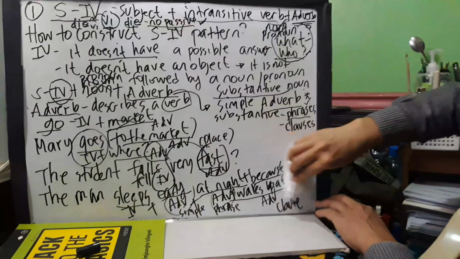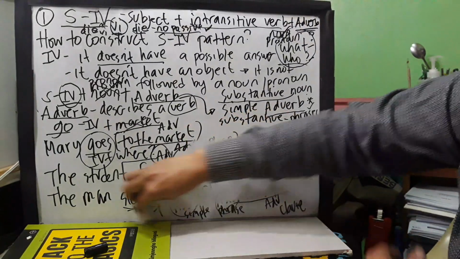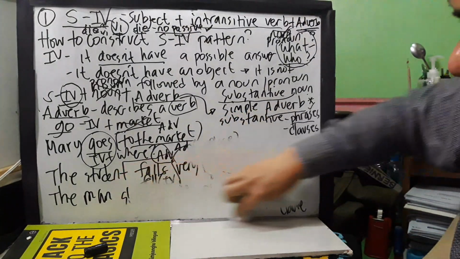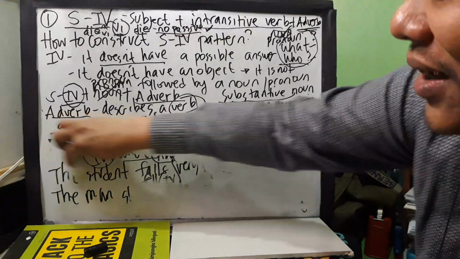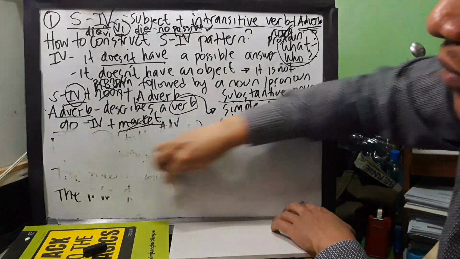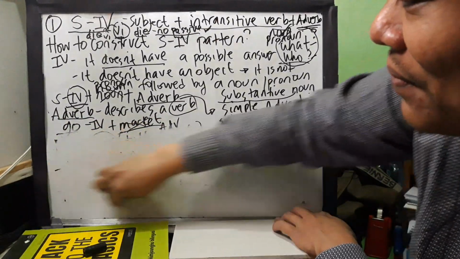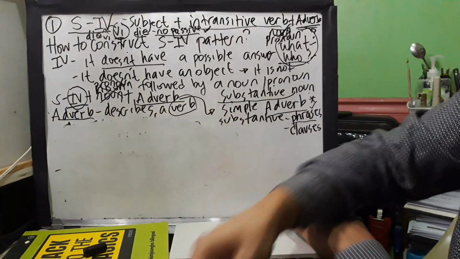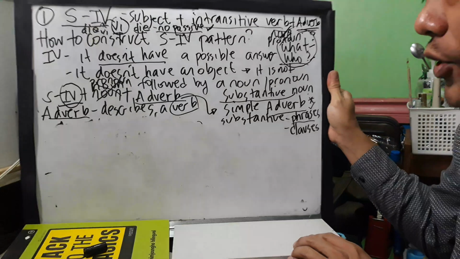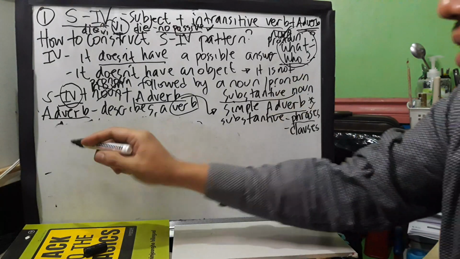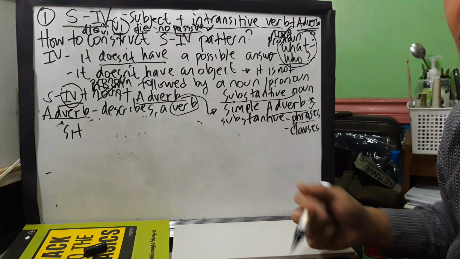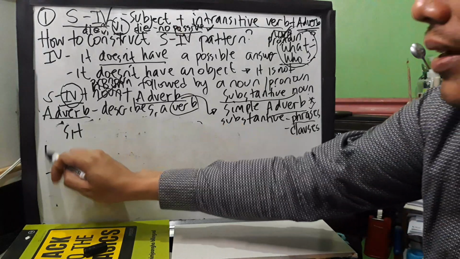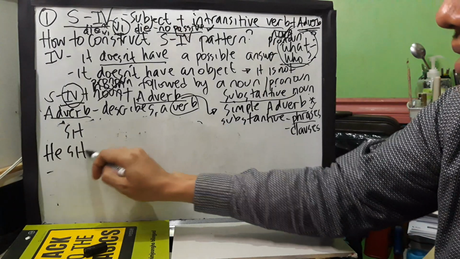Okay, let's try to have more examples. So bear with me because my board is not big enough for our discussion. So I'll try to give you more examples. Let's try to use the verb sit. So he sits.